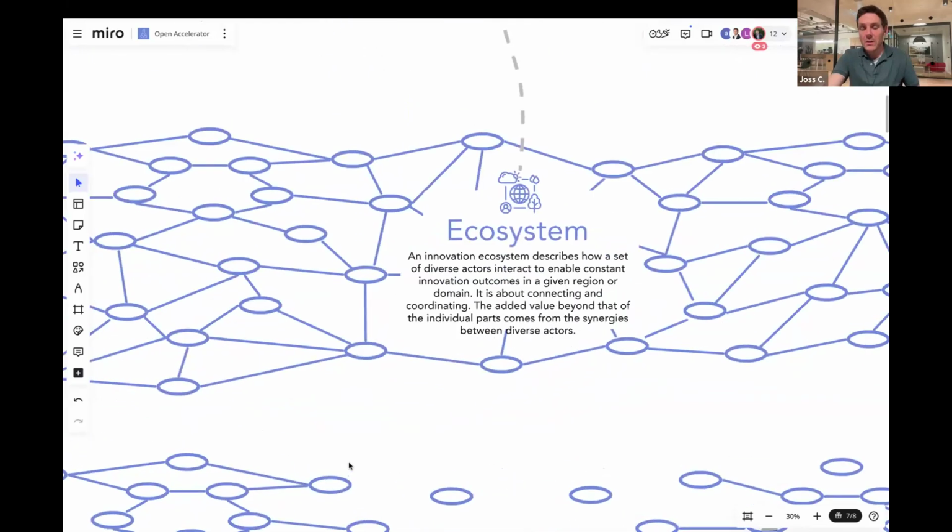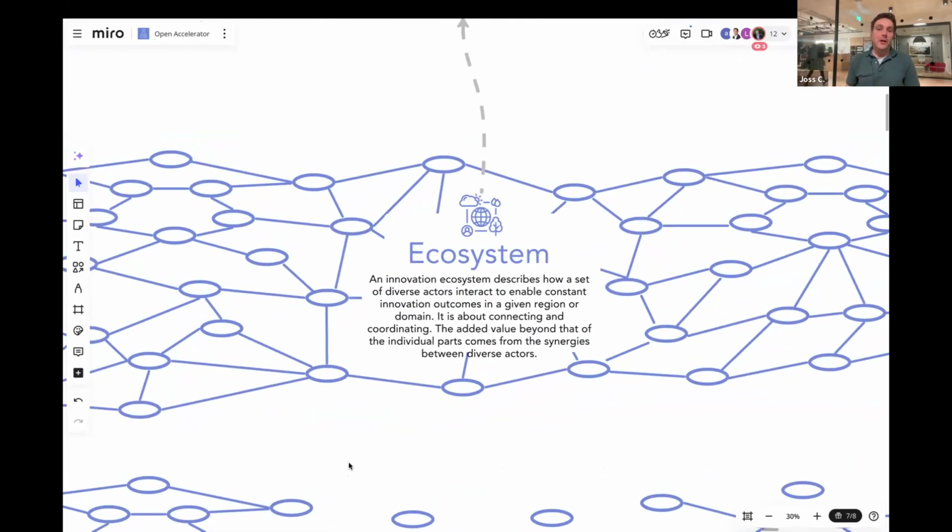At the macro level, you have a thing we call an ecosystem, which is the long-term development of a community or a network of different stakeholders and actors within a region or a particular area, for them to really build an infrastructure to address this challenge better as a whole, and adding value and creating outcomes that are way beyond any of the individuals from the synergy between these different actors.